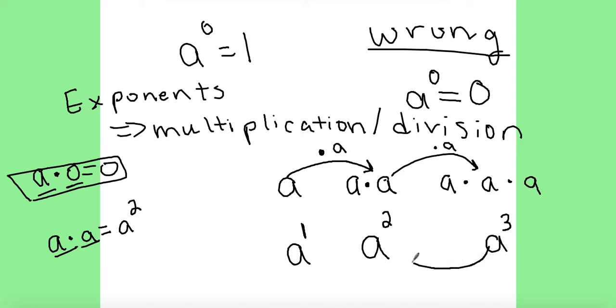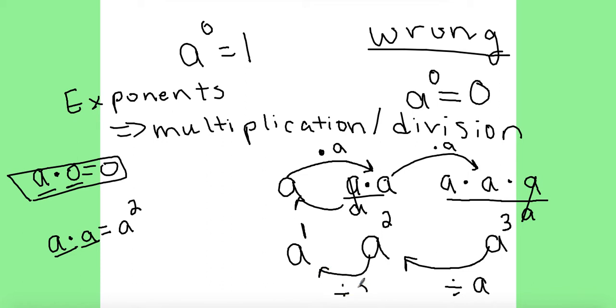Well, in order to do that, I divide by a. To get rid of one of the exponents, I have to divide by the base. If I divided by a up here, you'd see that pretty readily. Divide by a, cancel the 2 a's. That leaves me with 2 a's. If I divide by a, cancel a pair of a's, I get down here. So divide by a.